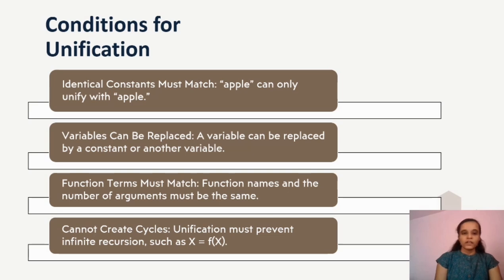Second, their function symbols match. f of x can't unify with g of x. Third, the constants in both expressions must match exactly. a equals a but not a equals b. Fourth, a variable can be replaced by terms but not the other way around. If all these conditions are satisfied, unification succeeds and the algorithm returns the most general unifier.